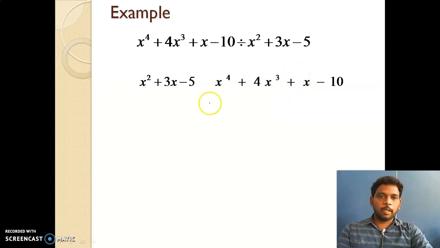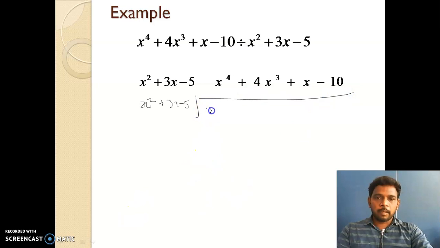So this will become x square plus 3x minus 5, and here x power 4 plus 4x cube plus, the square term is not there, so 0x to the power 2, plus x minus 10.